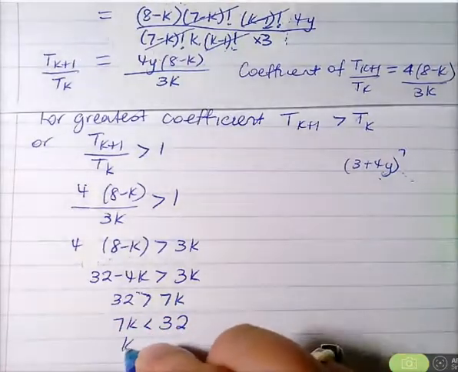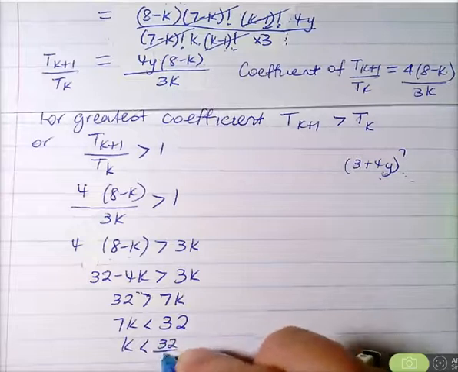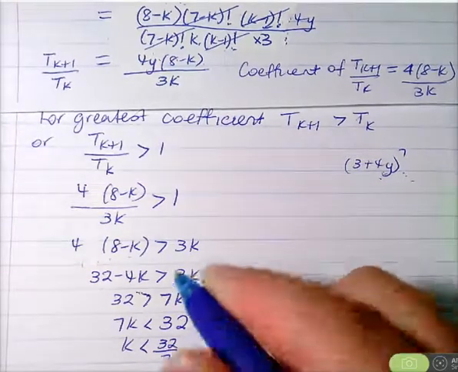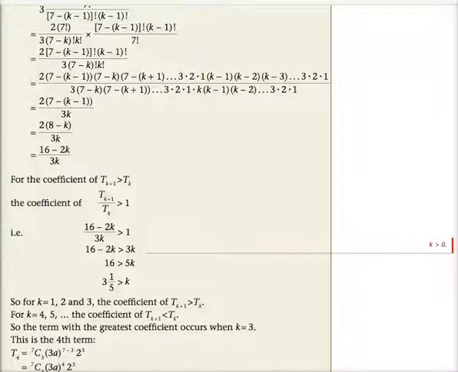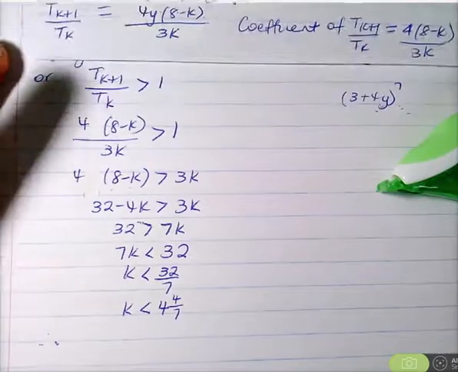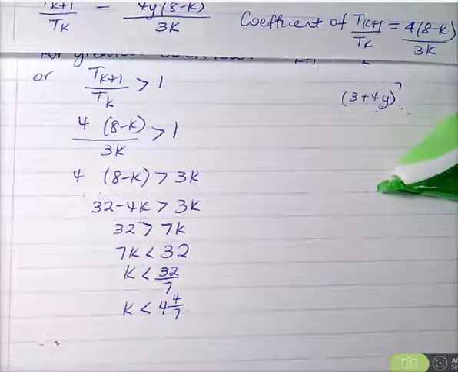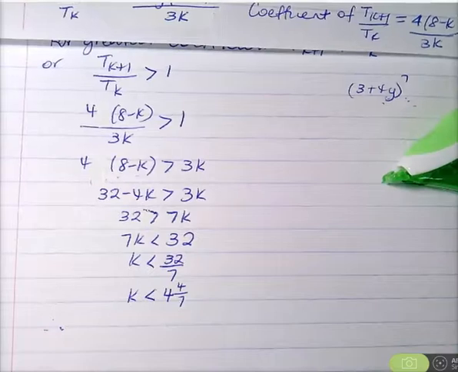In other words, k is less than 32 on 7. So 32 on 7 is 4 point something. So k is less than 4 and 4/7.